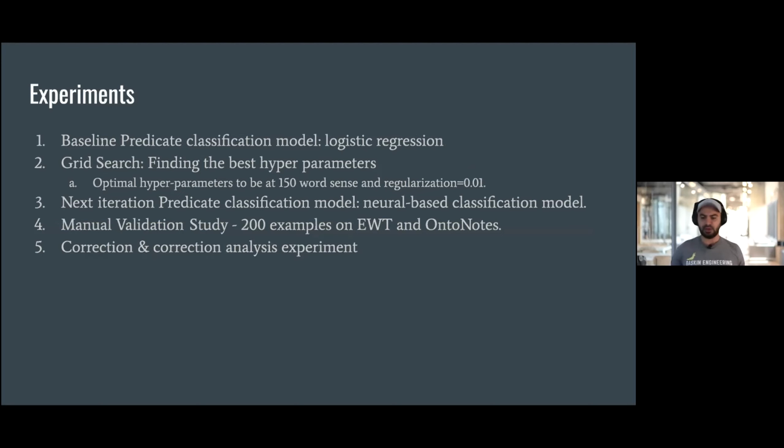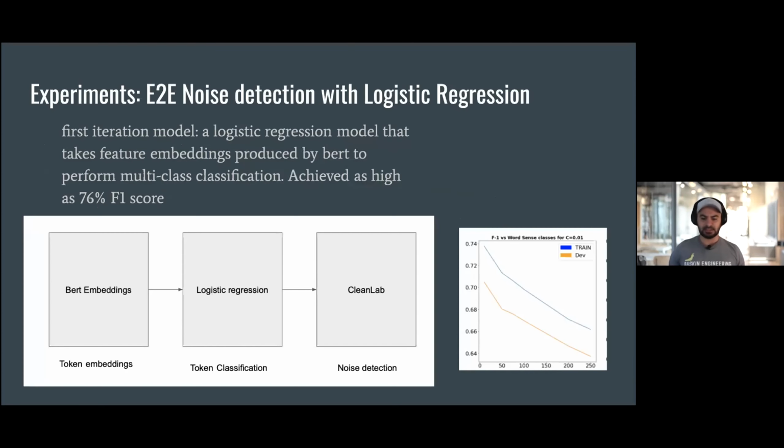And then we did some enhancement for the model by building a BERT-based model, and we achieved a much better F1 score. And then we did a study for manual evaluation in both data sets. And last but not least, we conducted some analysis to study the influence of our correction on the data set and on the models. Next slide, please.